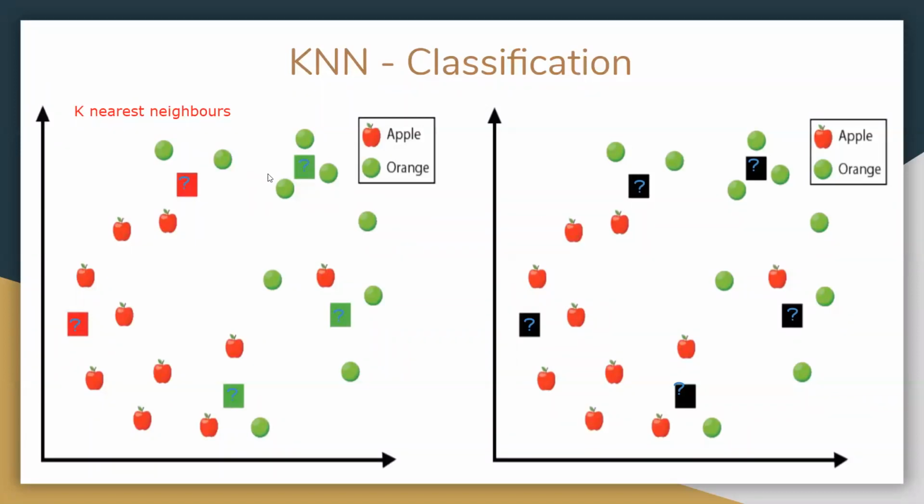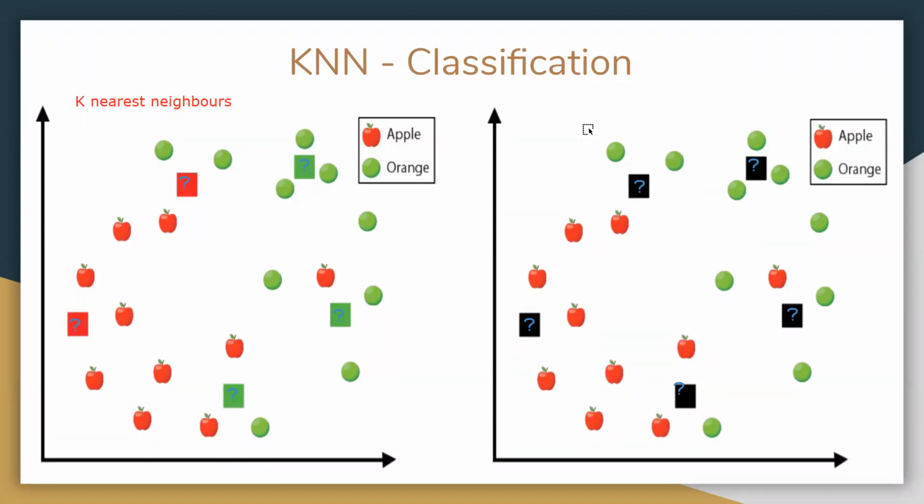So how can you do it? You take the nearest people, the 3 nearest people. As the 3 nearest people are oranges, this data sample might be orange.